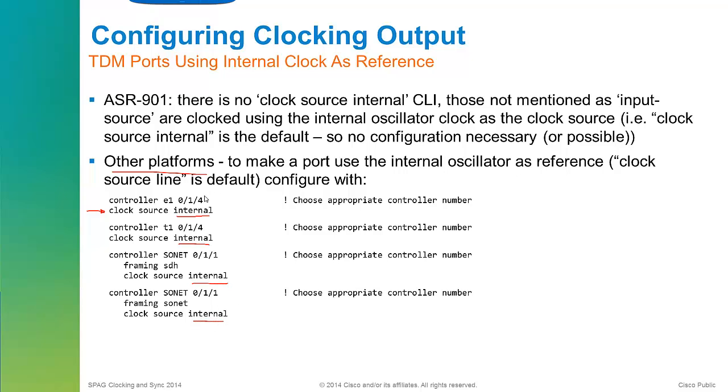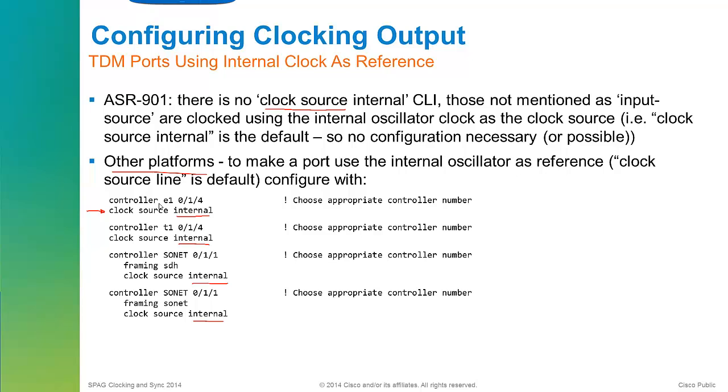The only wrinkle, as I said, is on the 901: there's no clock source CLI, so you can't put in clock source internal. The good thing is that on the 901 the default is clock source internal, so you don't need to configure anything to use the internal oscillator for a TDM circuit.